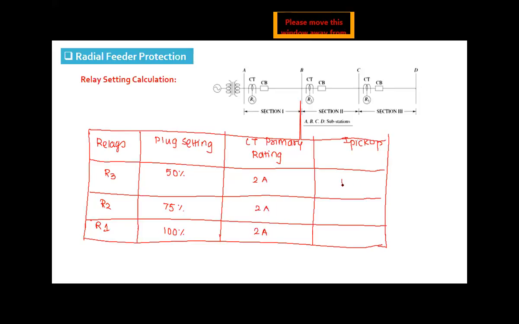So 50% of 2 ampere is 1 ampere: pickup of R3 is 1 ampere, pickup of R2 is 1.5 ampere, and pickup of R1 is 2 ampere. This is what we have set. Okay, clear?